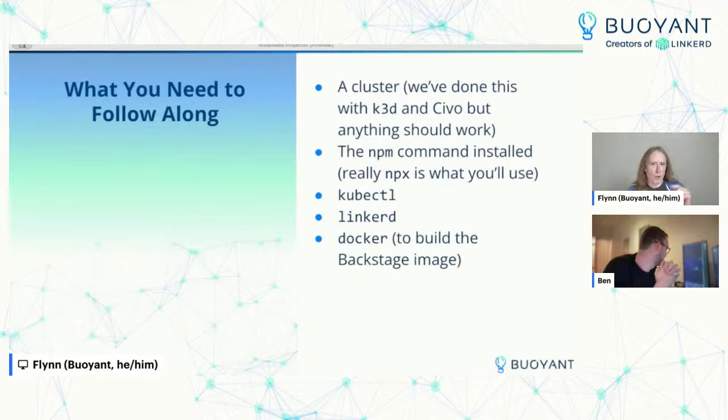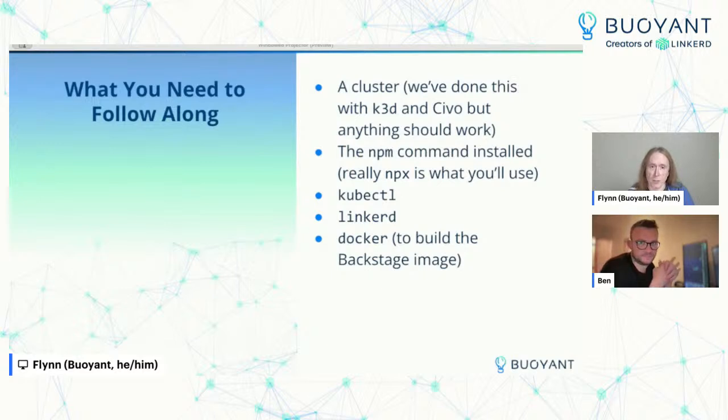If you want to follow along with what we are doing, you will need a cluster. We have done this with K3D clusters and with a cluster which is what we're actually going to be using for the demo. Pretty much anything should work. I don't think there's anything terribly specific about the clusters that we're using here. That being said, we will be relying on load balancer services.